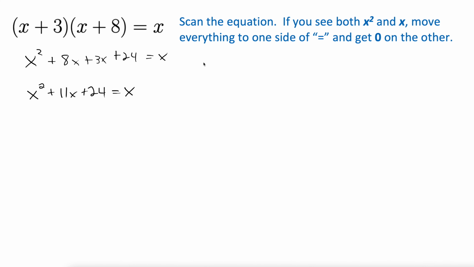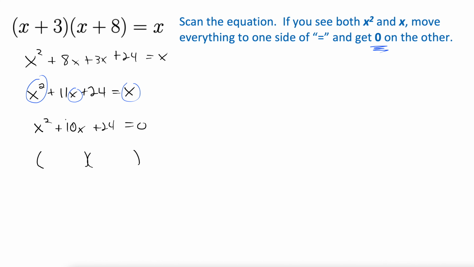And now we scan the equation and note that we have both an x squared and an x, right? Actually, we have two x's. So we'll move everything to one side of the equal sign to get a 0 on the other. No problem, let's subtract x from both sides. x squared plus 10x plus 24 equals 0. Factor it down.